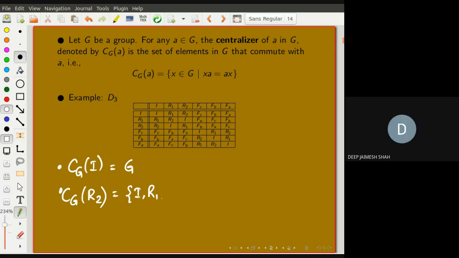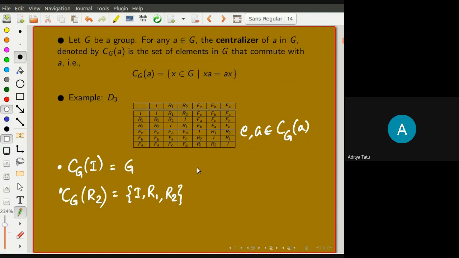R2. That again is true for any group, isn't it? C_G(A) will always contain two elements for any element and for any group. One is the identity, of course, and the other is itself. They will always belong to the centralizer of that particular element.